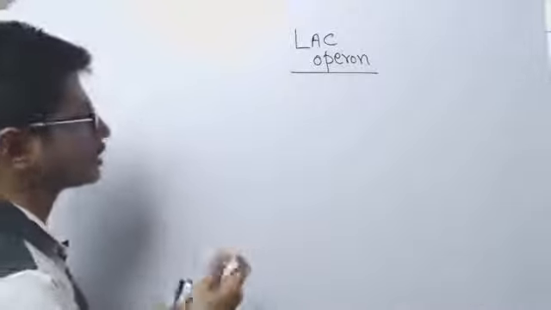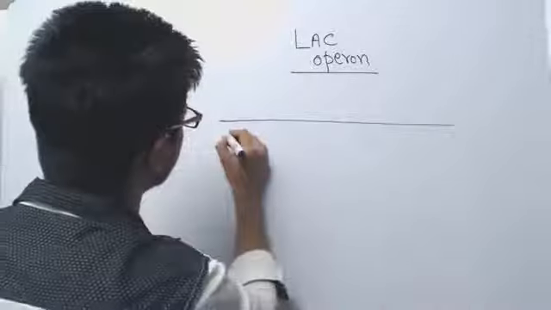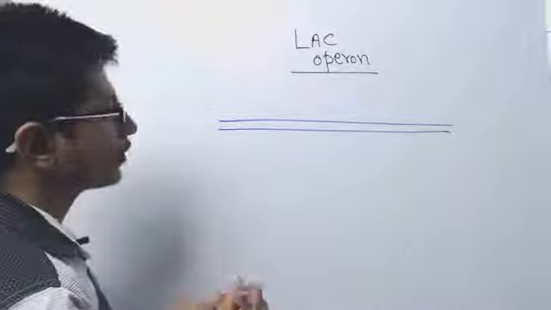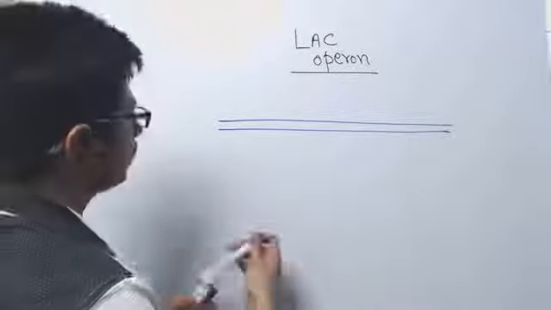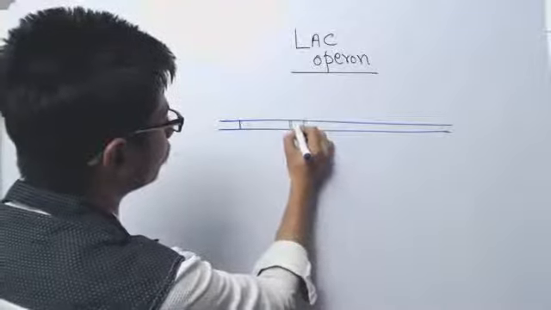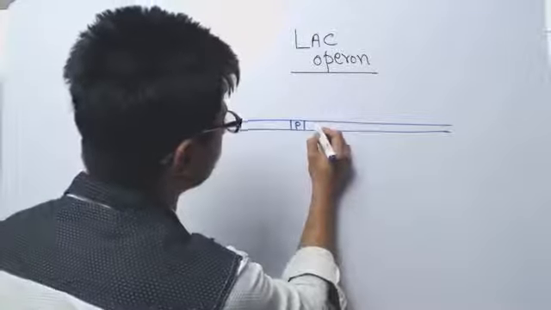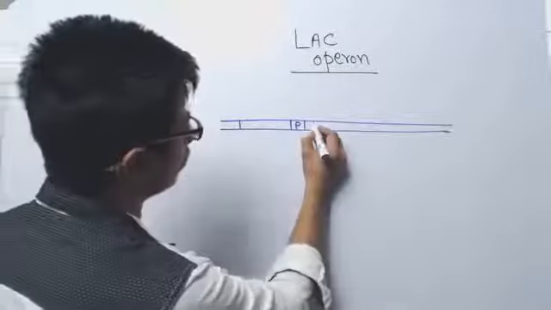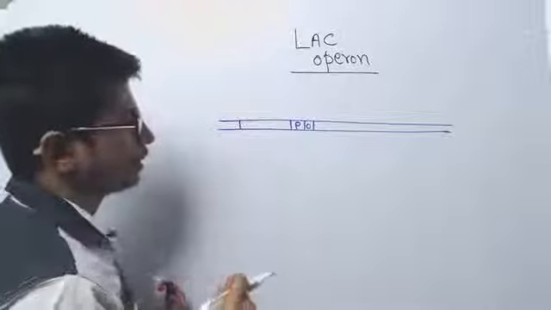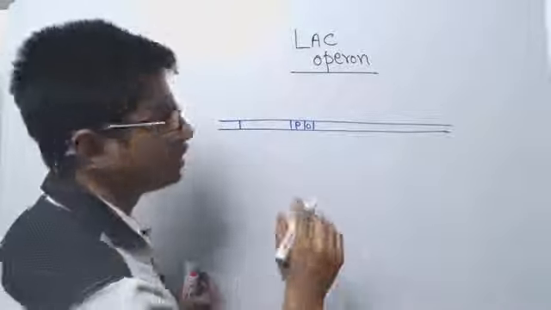So let me draw that construction before, like let's say this one, okay, and we have a promoter. So this is the promoter region, P for promoter, and we have some region called operator. And then in the downstream of this promoter operator region, there are structural elements.